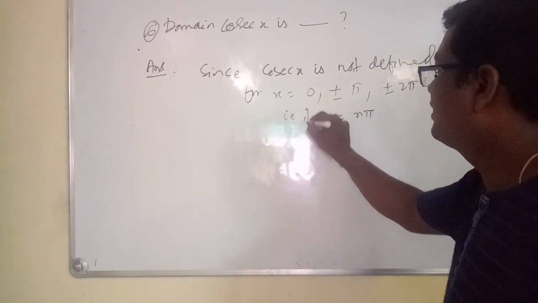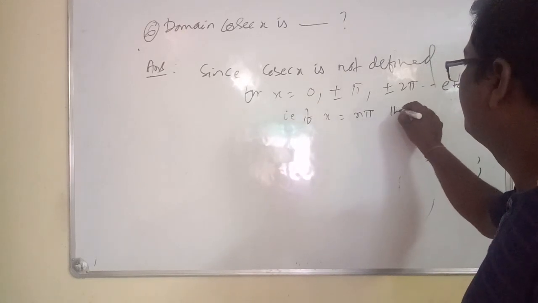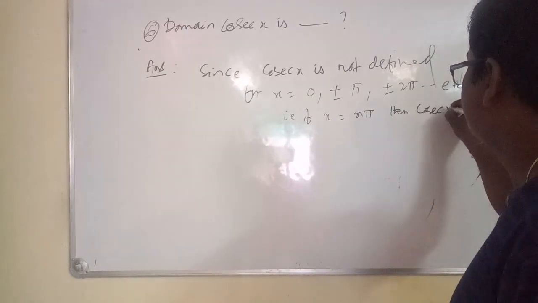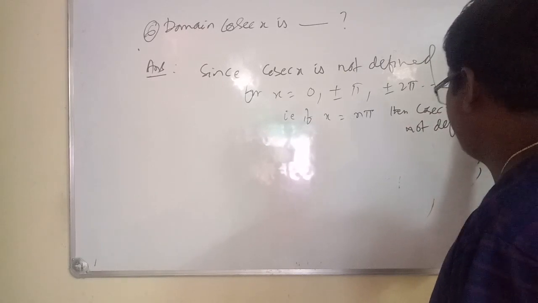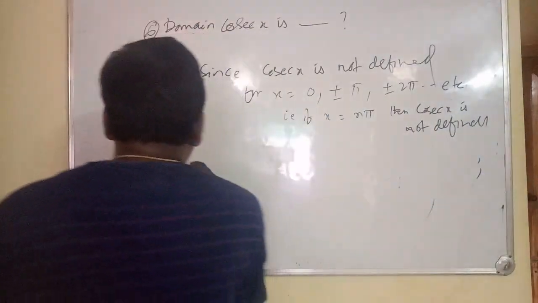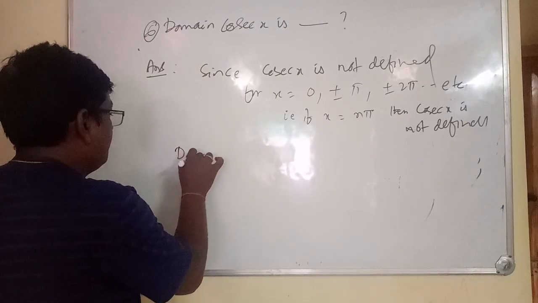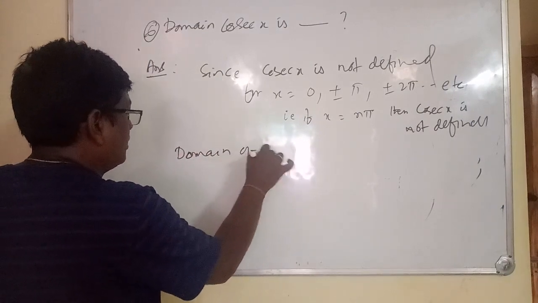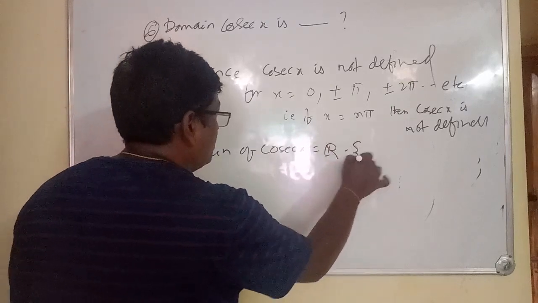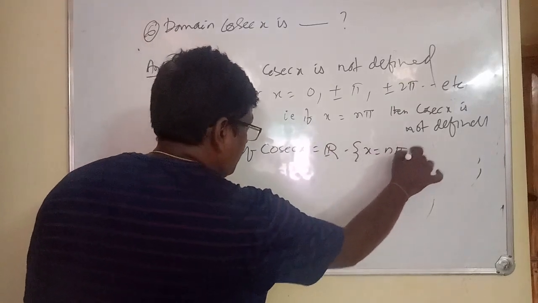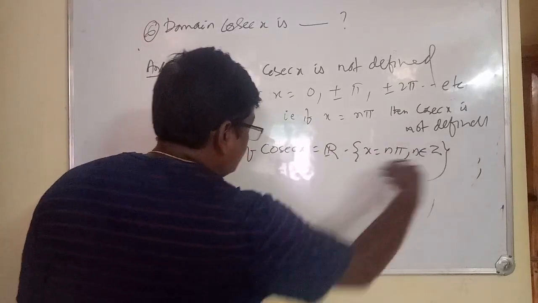If x is equal to n pi, then cosec x is not defined. So the domain of cosec x is equal to R minus {x = n pi}, n belongs to Z.